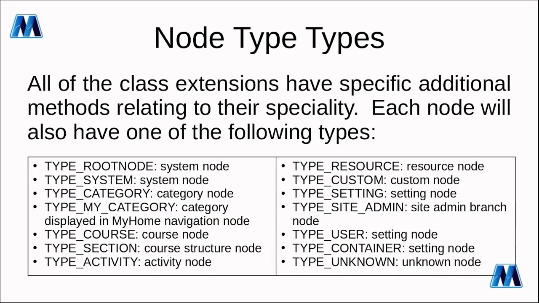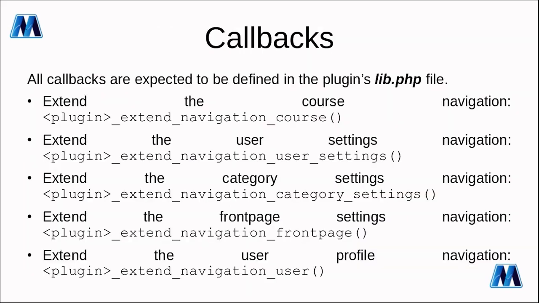Each node type has its types, so I call them node types. And these are specific class extensions for specific types of nodes, and they will have their specific functionality for what's their speciality as such. So you've got all those on the screen there, things like category, course, container, user, custom, etc., etc.